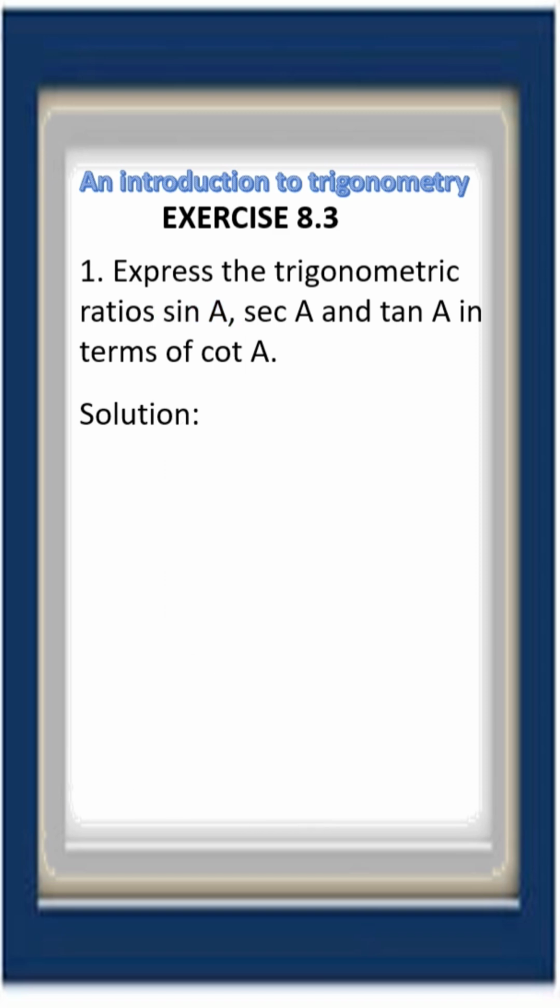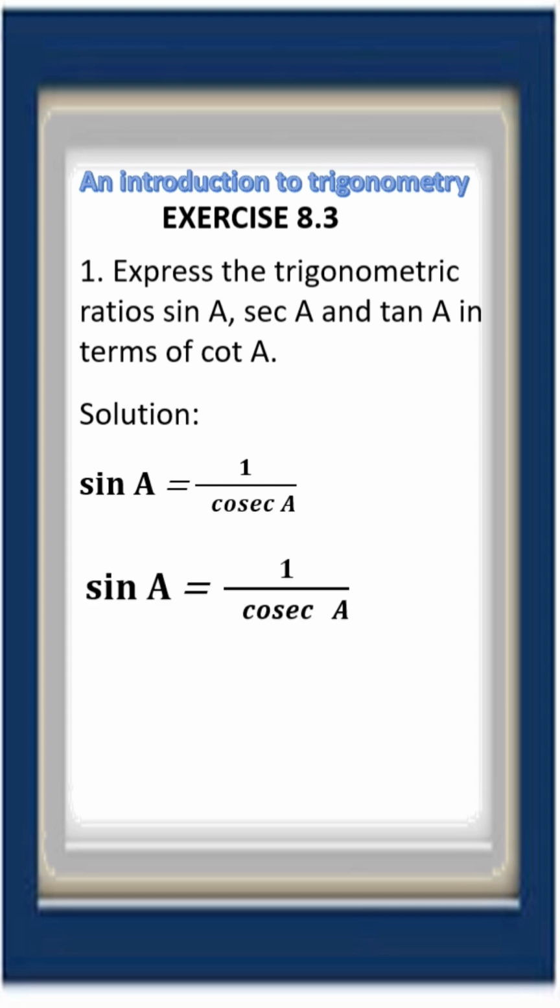So now sin A is equal to 1 upon cosecant A. Now let us change cosecant A into 1 plus cot square A. So now let us square the RHS: 1 upon cosecant square A. Since we have squared the RHS, now let us take the square root of it.